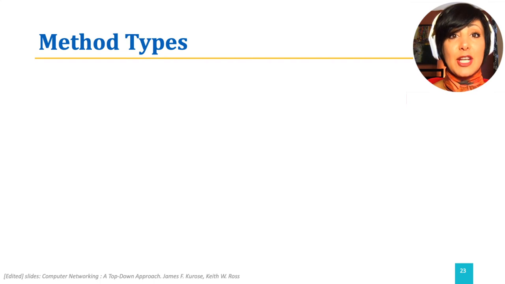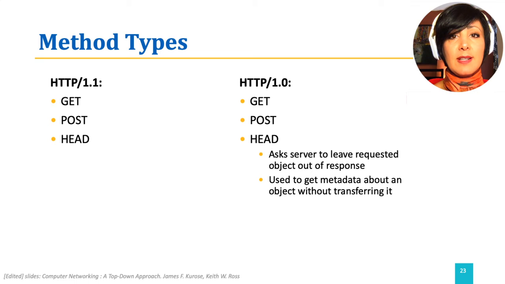One of the fields in the HTTP messages is method, and we saw that it was set to GET in the request message example we explored. So, what are the method types? HTTP version 1, the original version, had methods GET, POST, and HEAD.